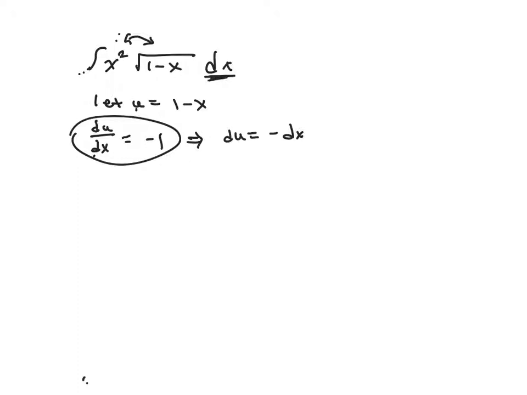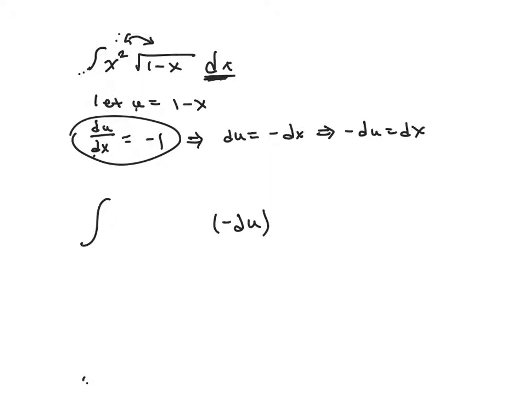So I am going to be able to replace this dx if I divide both sides by -1. Okay. So that gets rid of that. And I'm going to go ahead and do that now. Negative du is going to replace this dx.